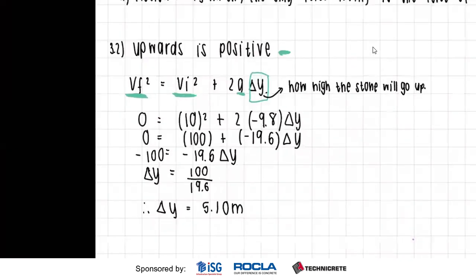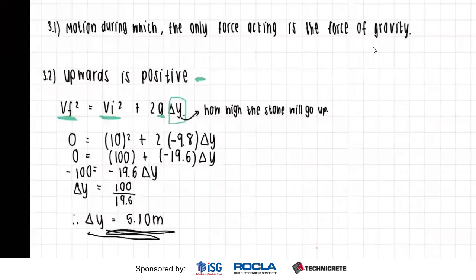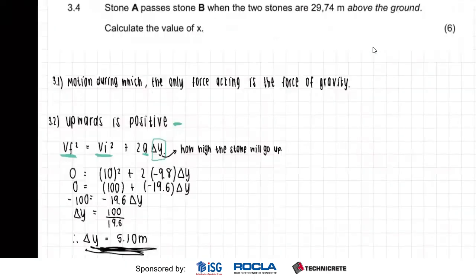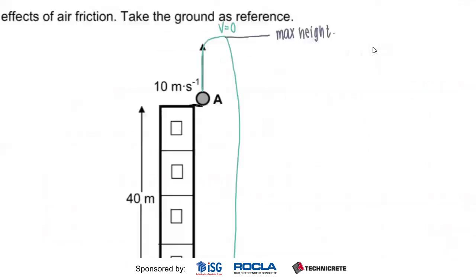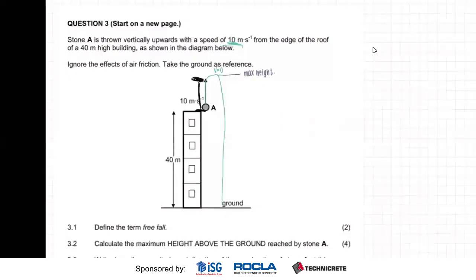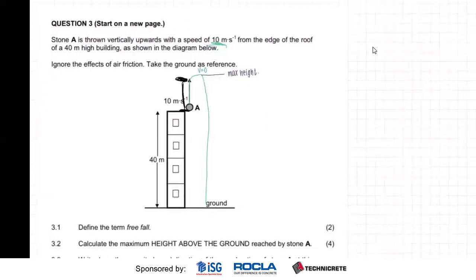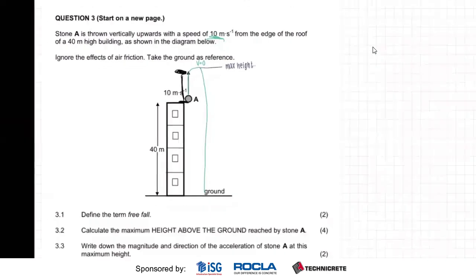Okay, so this is the height from the top of the building. All we've done is go from the top of the building to the top of the height of how high the person threw the stone.